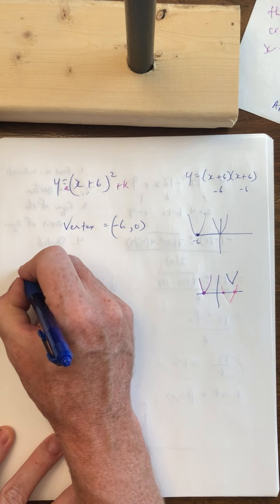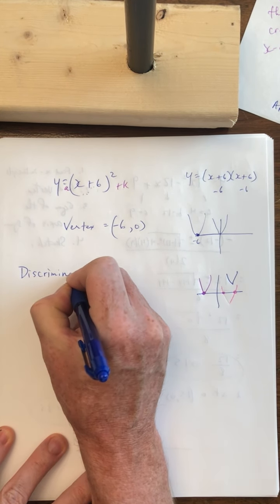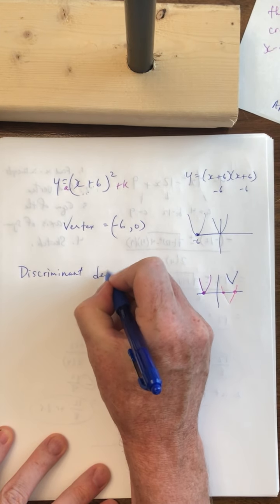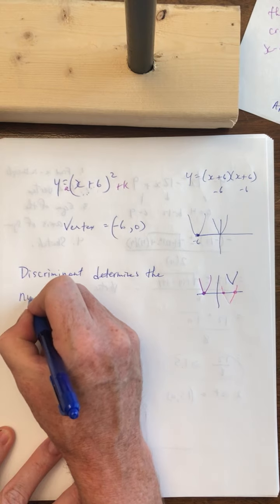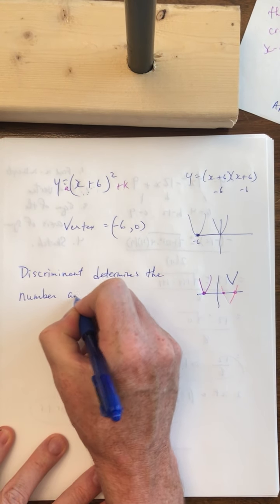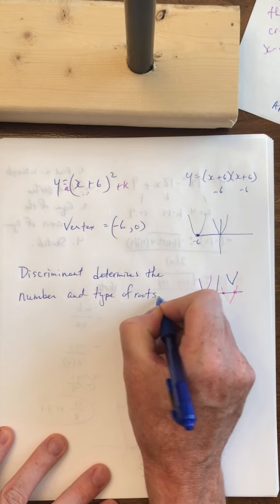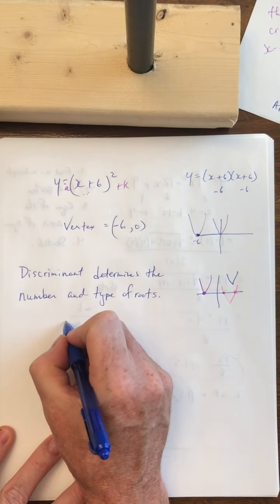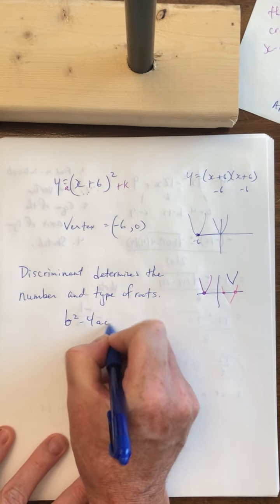And in the quadratic formula, the discriminant determines the number and type of roots. And the discriminant is b squared minus 4ac.